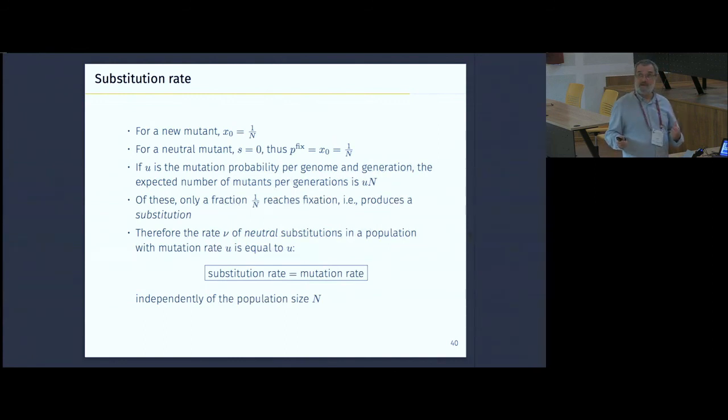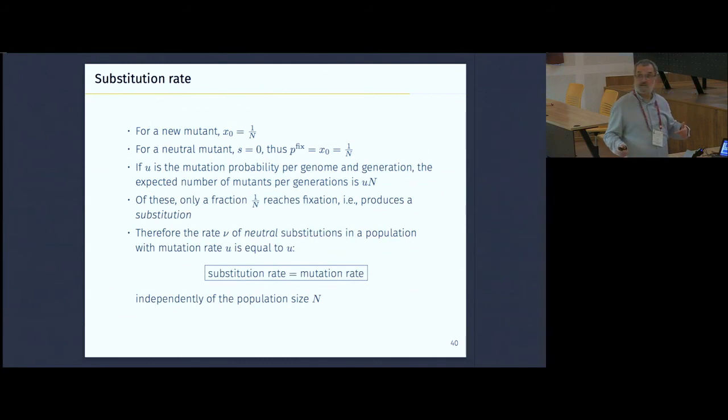But the probability that it goes to fixation is 1 over N. So the rate at which new mutants go to fixation in the population is given by UN, which is the probability that new mutants arise per generation, times 1 over N, which is the probability that a new mutant goes to fixation.